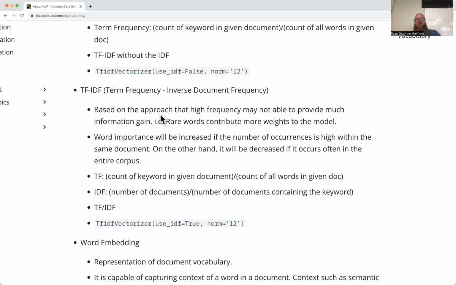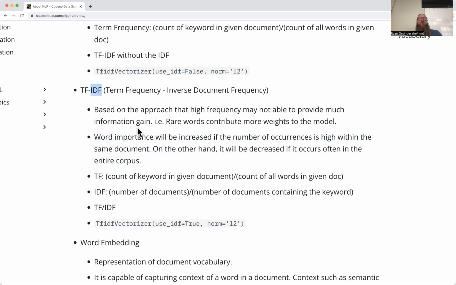The idea here is based on the approach that high frequency doesn't provide a lot of information gain. Like if the word the is everywhere, is your book about the word the? No. So the idea is that rare words contribute weights to the model with TF-IDF. So check this out. The idea of TF-IDF: the term frequency, that's the bag of words, right? Term frequency for a given word, that's the numerator.